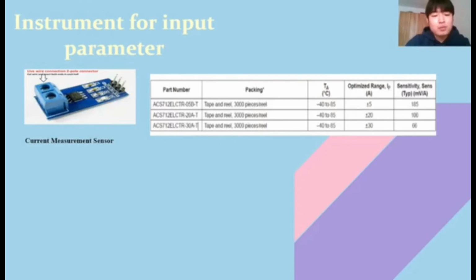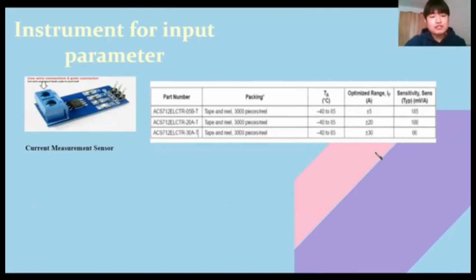As we can see from the table, for our module the sensitivity range is 185. That means for 1A change, it will generate 185 mV change in the output voltage.